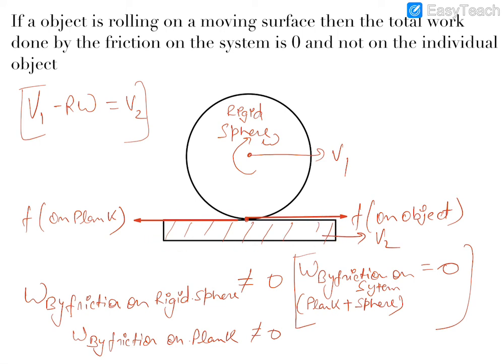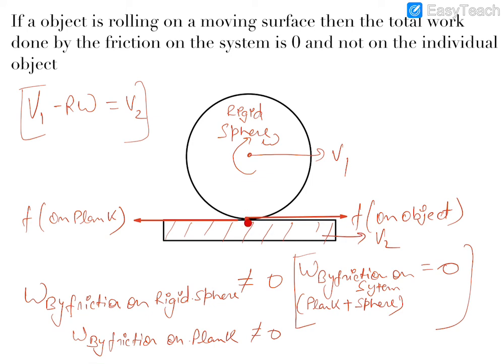But we can say that the work done by the rolling friction on this complete system, which contains this rigid sphere and this plank, would be zero, because there is no relative slipping between them, and the displacement of this point on the body and on the plank is in the same direction, and it is equal, because this point has the velocity which is equal for this rigid body as well as for this plank.